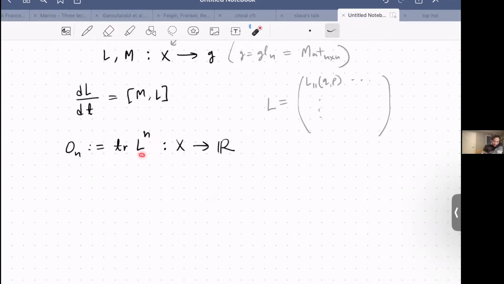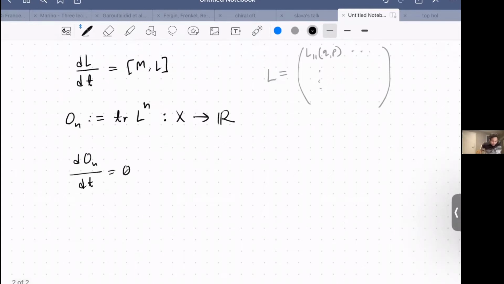Because L was a matrix, we took some power and then ultimately took a trace, so it's going to be some function written in terms of these entries. So it's just a function on the phase space, like any observable in your system. And from this equation, it's easy to show that the time derivative of these functions vanishes. So this way, you immediately get a set of conserved charges.